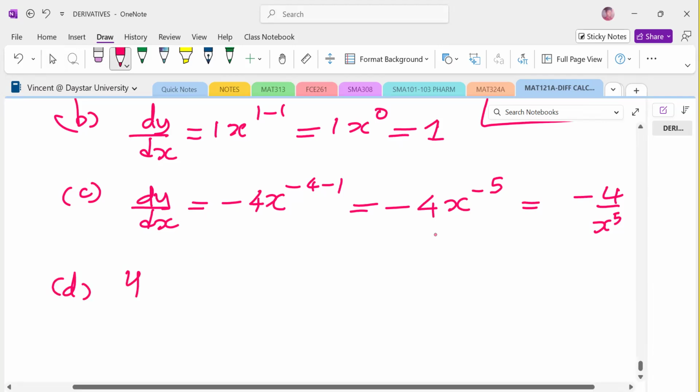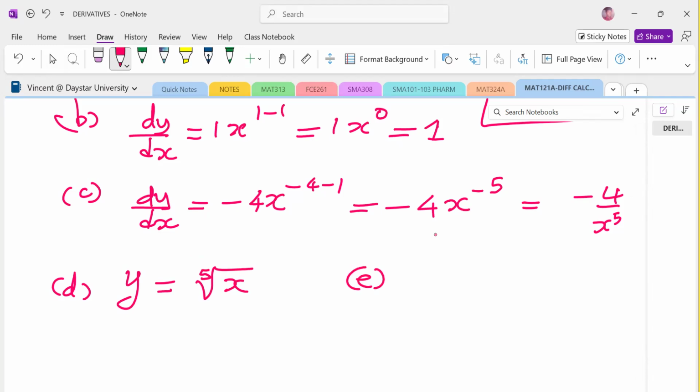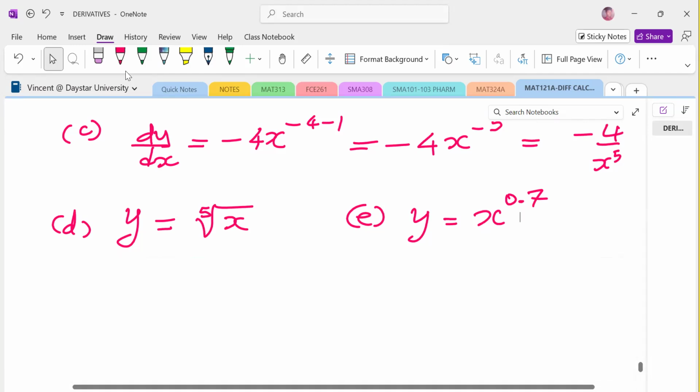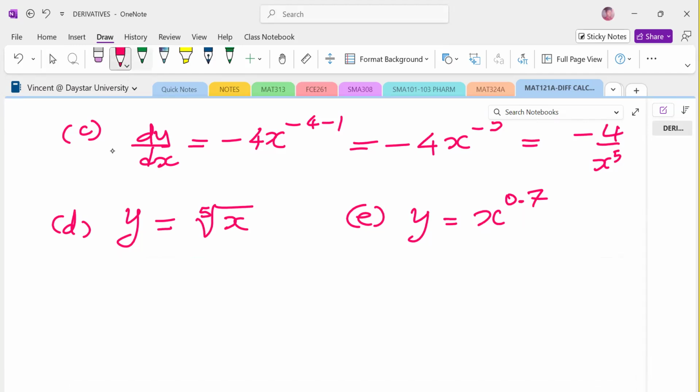Then can you get dy dx for this fifth root of x? Fifth root means raise to the power one over 5, correct. So therefore, we convert this radical in terms of powers.